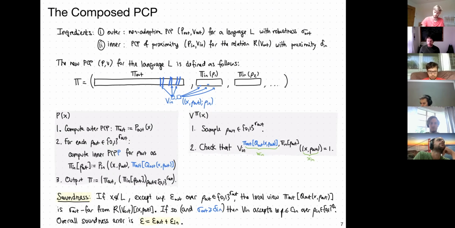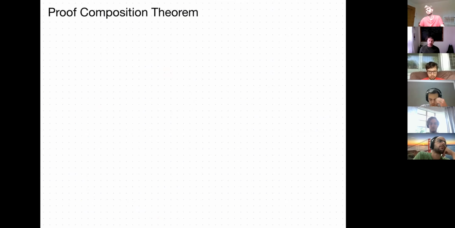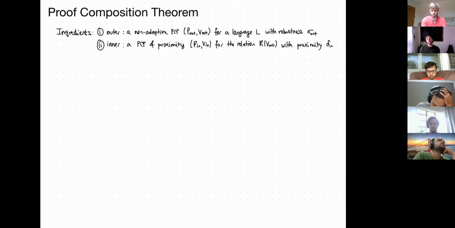But it can also be the case that we chose the wrong local view and we're querying these things. That's it. And that's the entire composition. As always, stop me if something is not clear. And this leads to the PCP composition theorem.